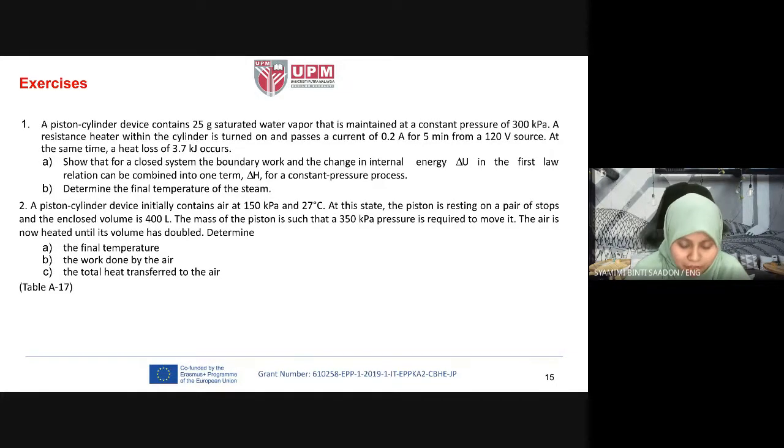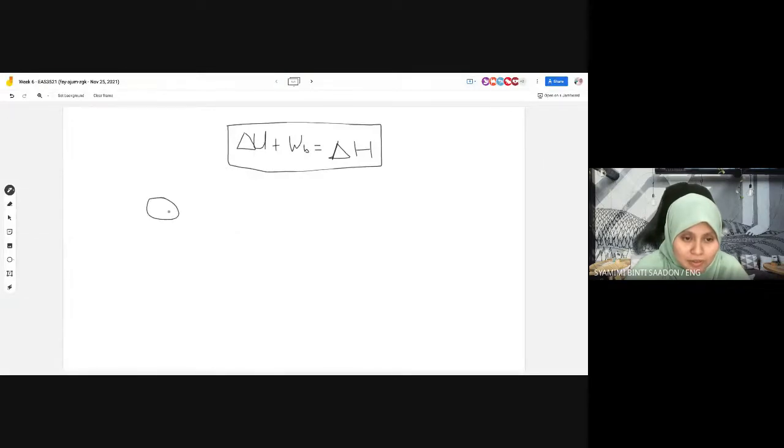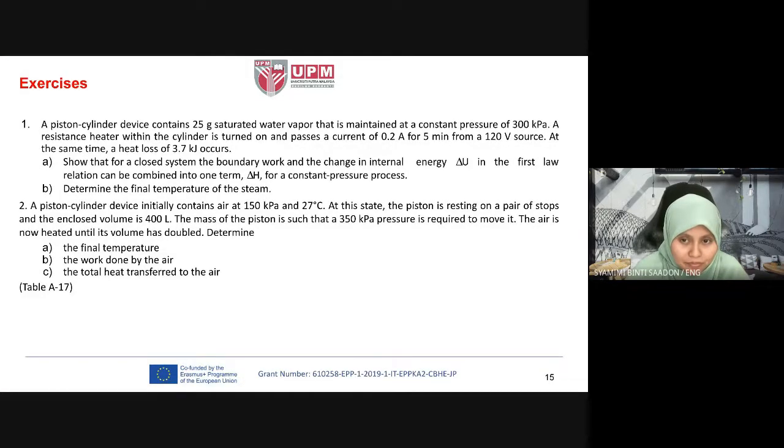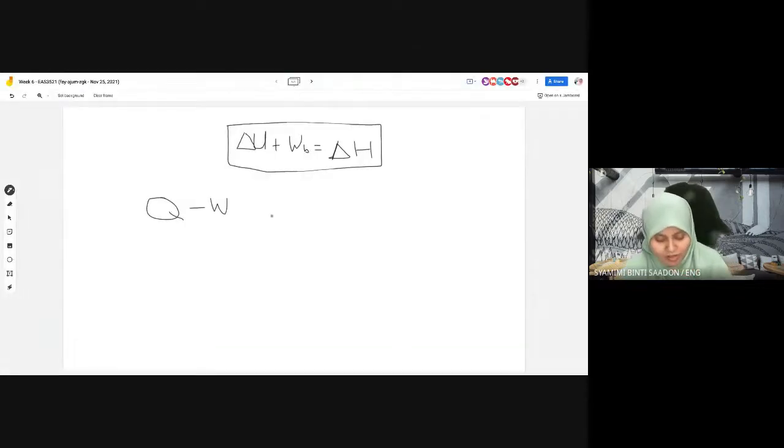Okay, so for this one, first we write our energy equation. Tengok balik ni. Okay, there is work.